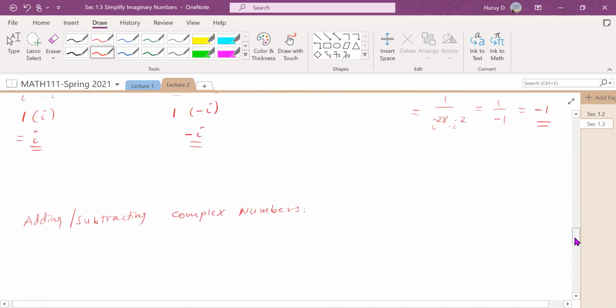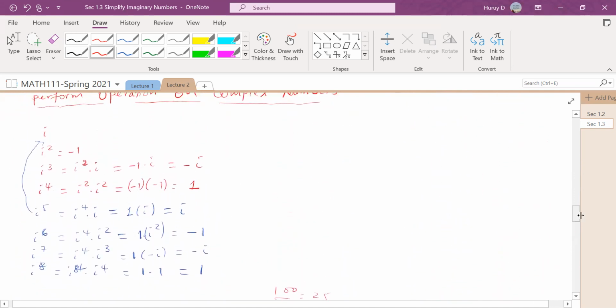Okay. So anyway, once you remember this, these are the main things that you need here. So always look for the largest number that divides 4. If you have, let's say, i to the power of 205, you check if this divides 4 without remainder. If it doesn't, try to find the number which is smaller than this one, but divides 4 without remainder.